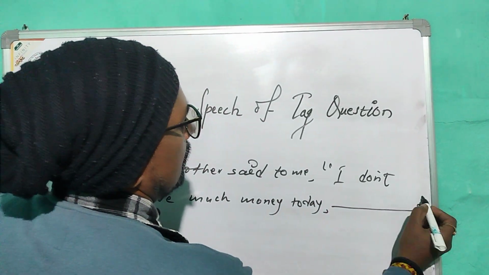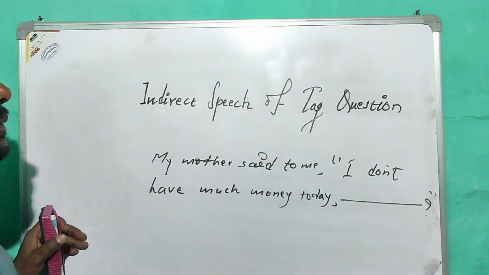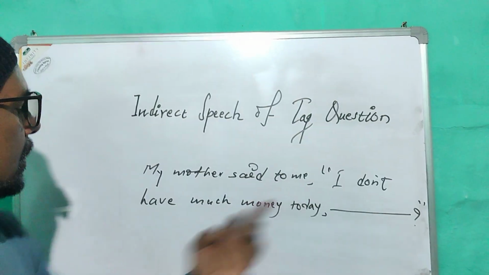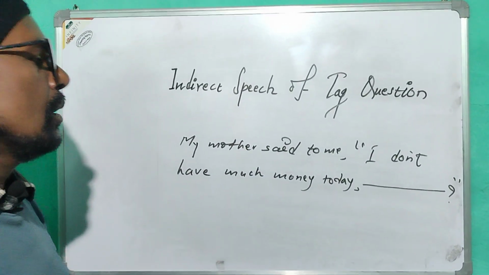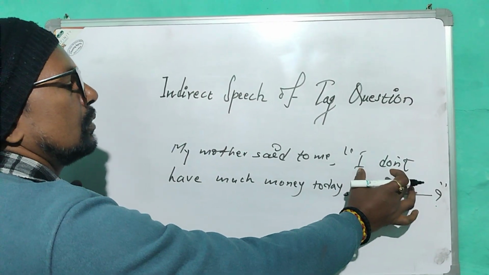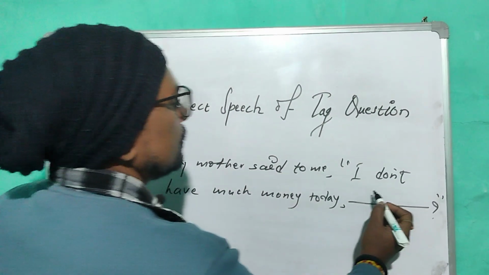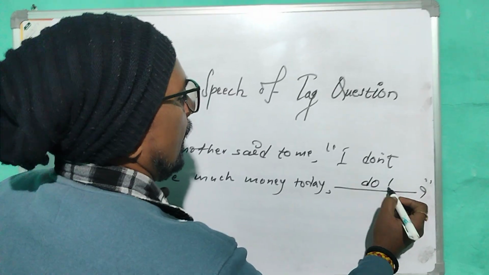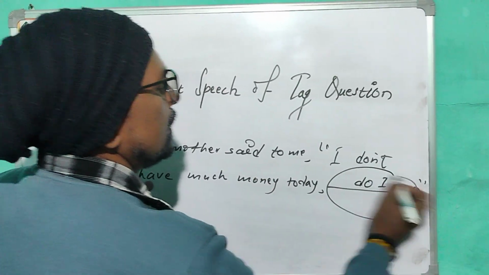Here is the tag question. First, our statement: I don't have much money today. We have to make a tag question for this statement. So: do I? This is the tag question.